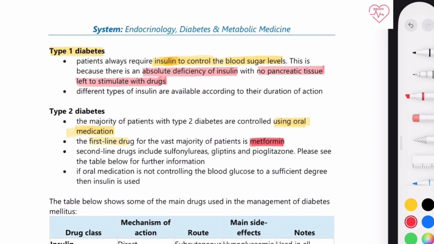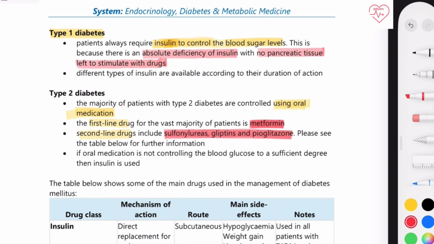Write it down or remember it. So the first line drug for type 2 diabetes mellitus is metformin. Second line drugs include sulfonylureas, gliptins and pioglitazone, and we'll be discussing everything related to these afterwards, but in a very short and sweet manner you have to learn this.